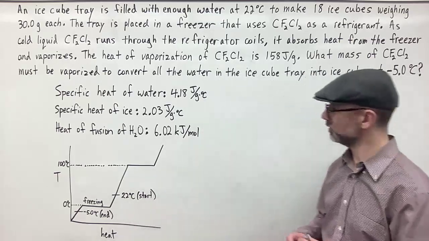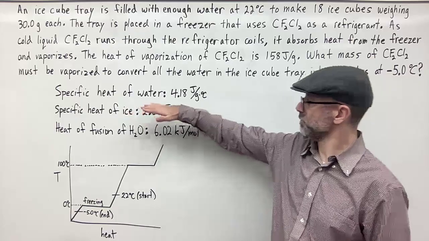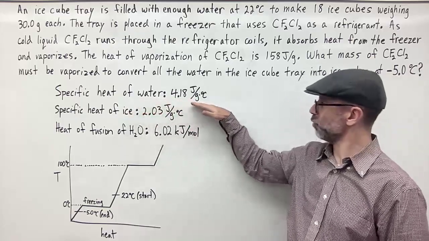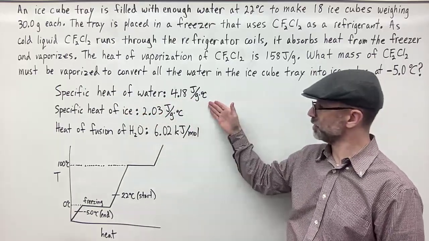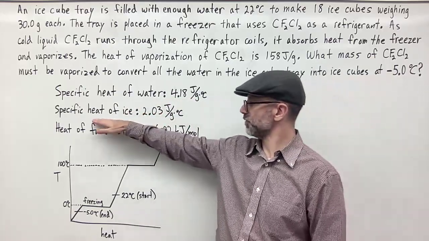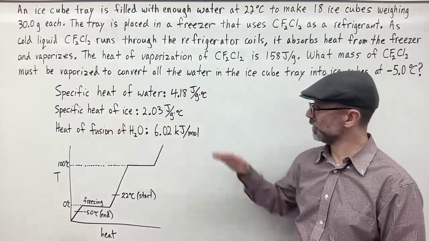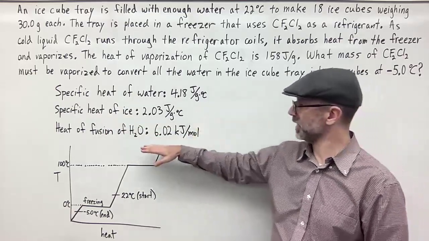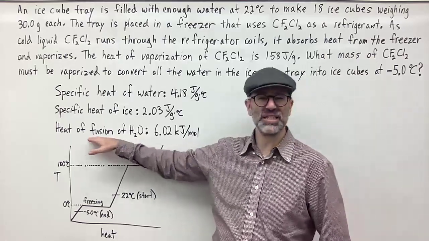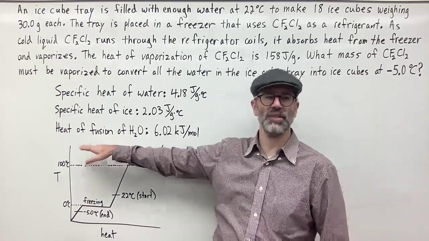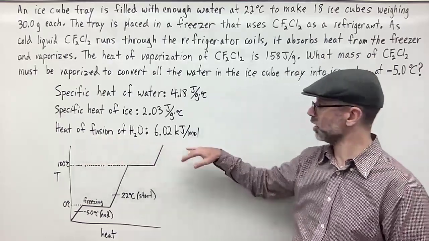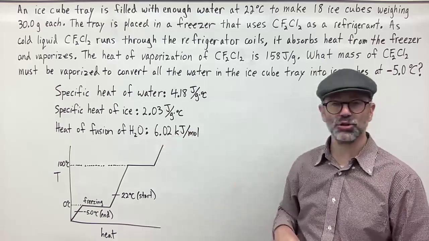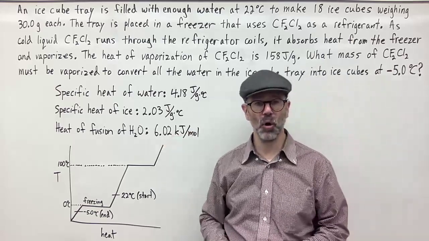So we have the specific heat of water, 4.818 joules per gram degrees Celsius. Specific heat of ice at 2.03 joules per gram degrees Celsius. And we have the heat of fusion, which means melting. So we have the heat of melting of water at 6.02 kilojoules per mole.